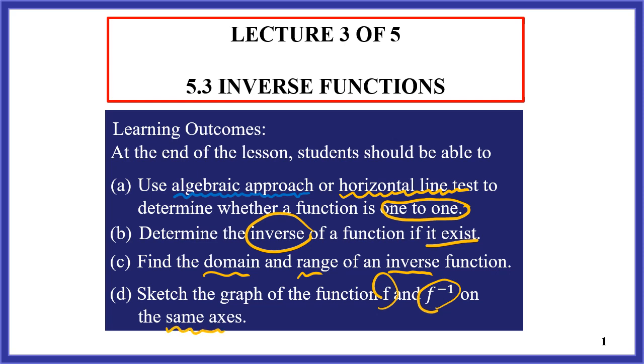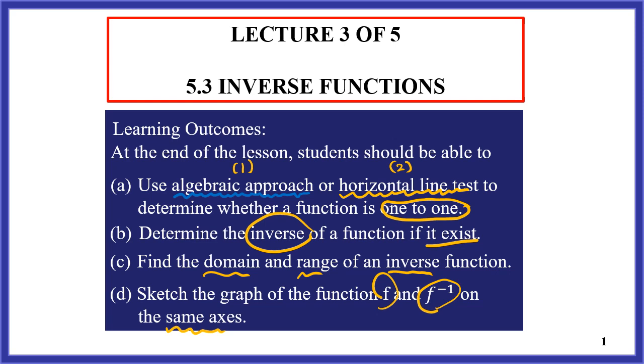Okay. The first one is to check whether the function is 1 to 1. We have two methods. The first one by using the algebraic approach. The second one is by using the horizontal line test. Previously, we used the vertical line test to check whether it is a function or not. But now, to check whether it's a 1-to-1 function, we can use the horizontal line test or algebraic approach.